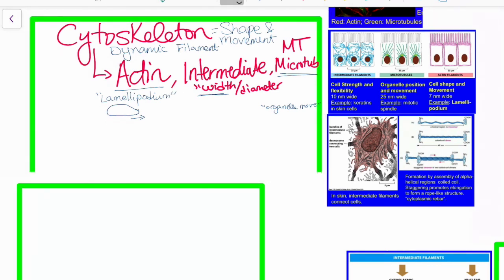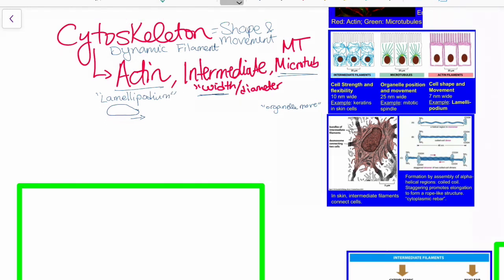And then we have intermediate filament, which is for the structural component, everything in the middle, and we find that usually in the nucleus. So that is structural, nucleus, and found in the skin keratin.